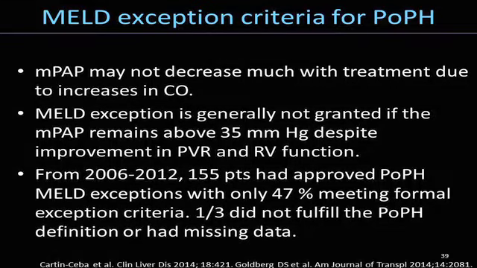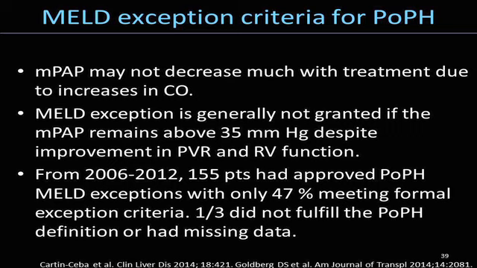But as I mentioned, the mean pressure may not decrease as much with treatment due to these increases in cardiac output. And in general, MELD exceptions are not granted if the mean pressure remains above 35, even when the PVR has a dramatic decrease. And this is very interesting.